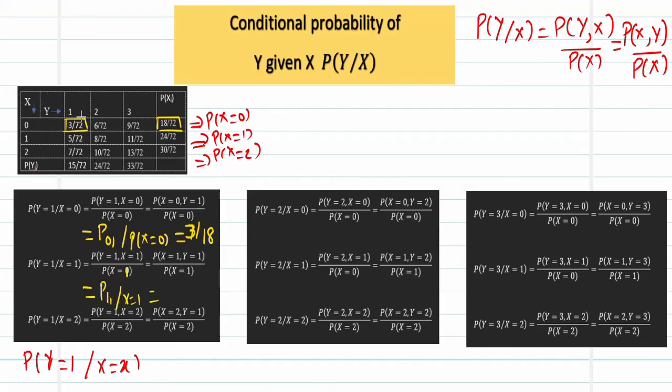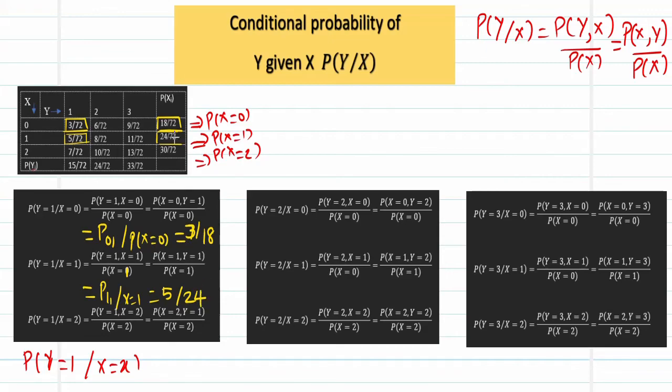Here p of 1, 1 is 5 by 72, and the probability of x equal to 1 is 24 by 72. So it becomes 5 divided by 24.